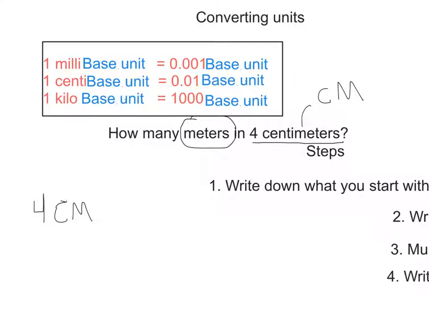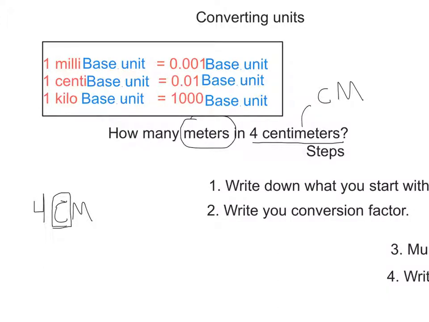Just know that centimeters is equal to cm. Okay? My second step is to write down my conversion factor. My conversion factor that I need to have is told by my beginning letter. So I'm going to go to my centi spot, and that's going to be my conversion factor.